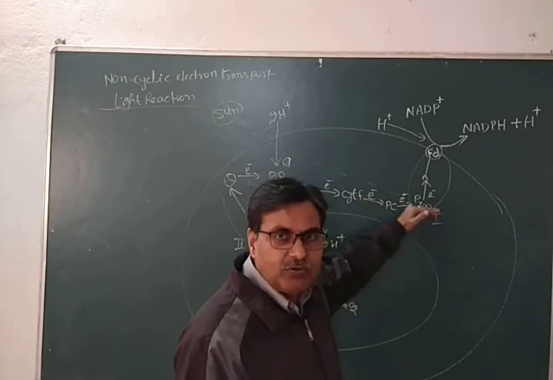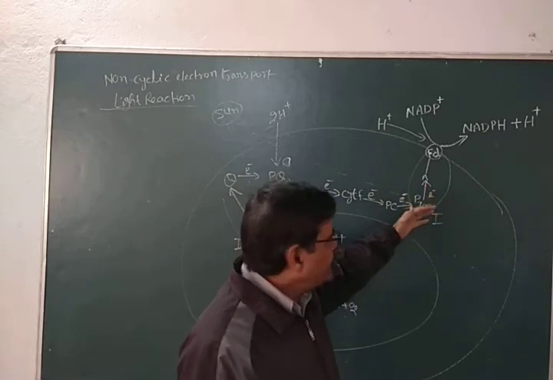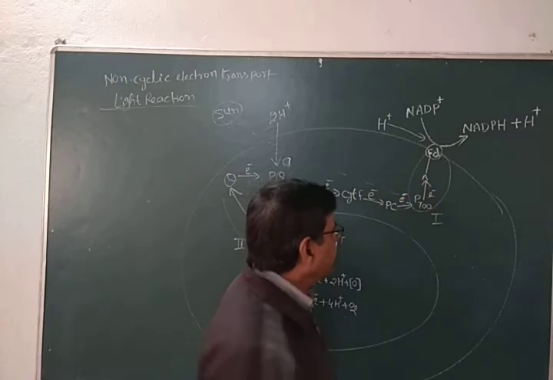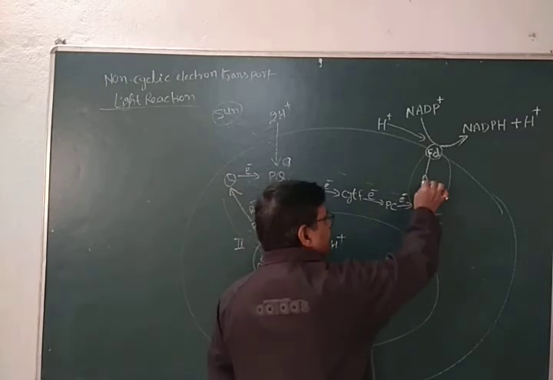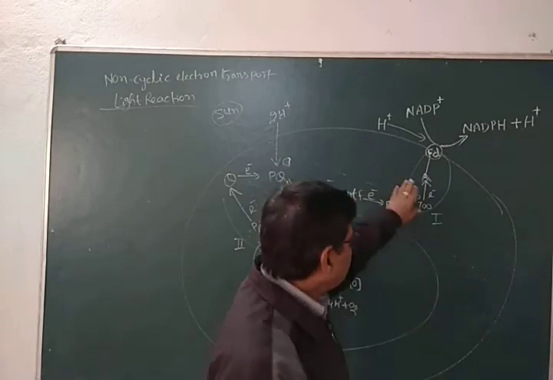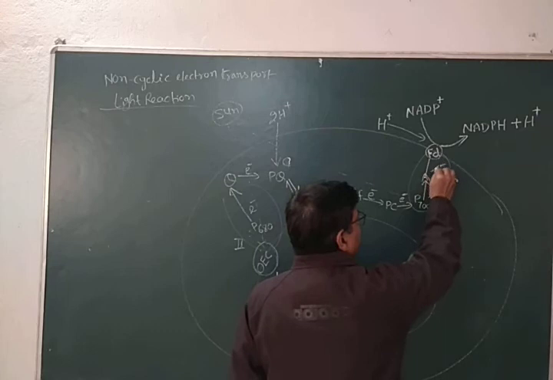Here also the chlorophyll A comes into the excited state, and a high energy electron escapes from the reaction center and is taken by this acceptor, which I wrote here. The acceptor accepts that electron and provides it to the ferredoxin.